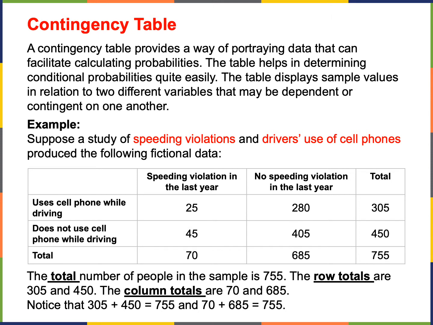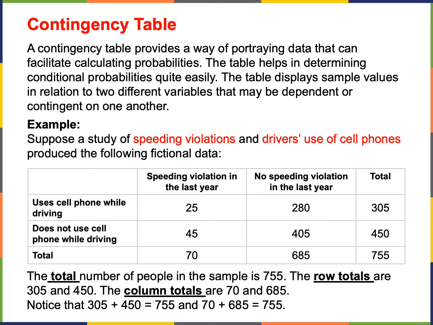The rows and the columns also add up to each other. So 25 plus 280 gives you a total of 305. Out of all the cell phone users, 25 of them got a speeding ticket and 280 did not. Out of the 450 non-cell phone users, 45 got a speeding ticket and 405 did not.